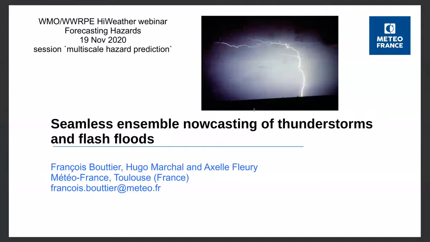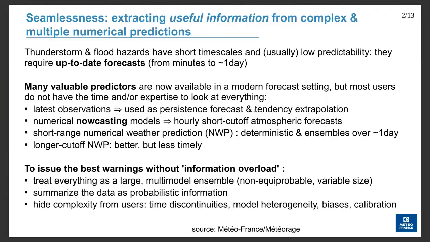Okay, so I am François Boutier. I'm a scientist working in Météo France. And I will discuss ensemble nowcasting of thunderstorms and flooding. So by seamlessness, we mean that we would like to extract information from a complex set of numerical predictions.